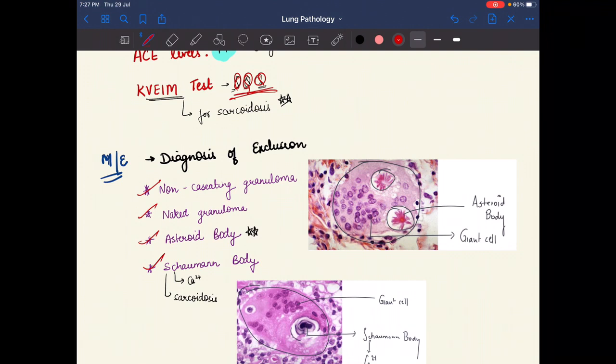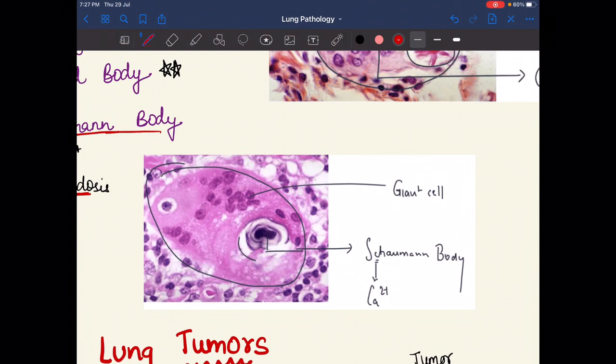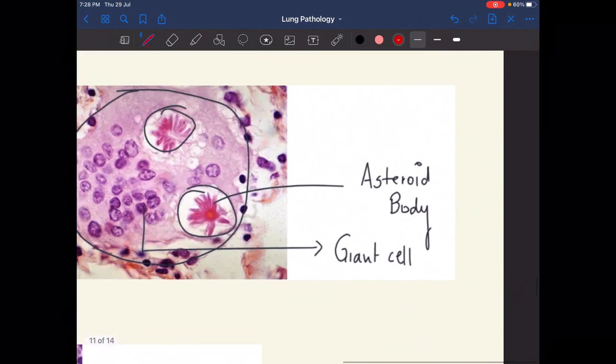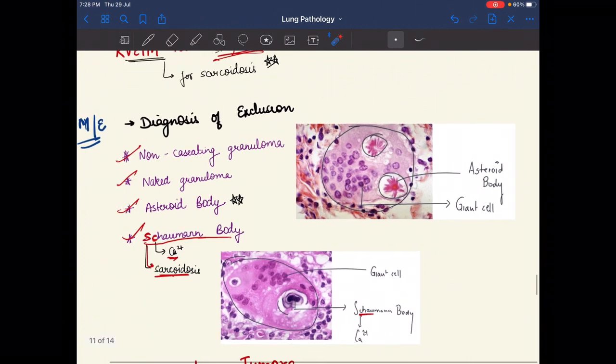We see asteroid bodies and Schaumann bodies. Schaumann bodies we can remember as S for sarcoidosis and C for calcium; Schaumann bodies are seen in sarcoidosis. And these are the giant cells. This is an asteroid body, and this is a giant cell, and in the giant cell we see the asteroid body.